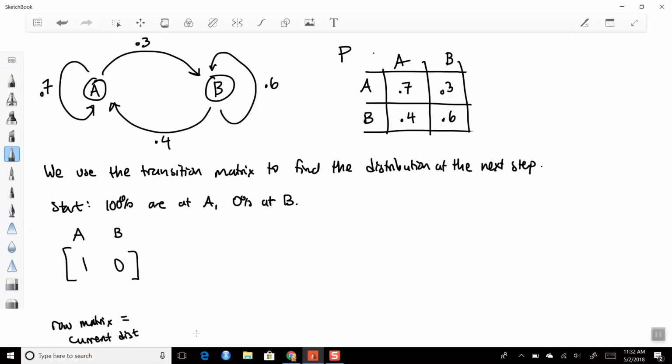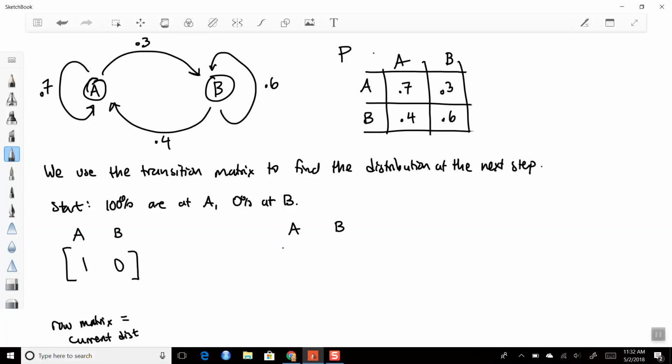Okay, so I got 100% at A and 0% at B. If we have 100 people and say you're going to undergo this transition where 30% are going to go to B and 70% stay at A, what will my distribution be at the next iteration?